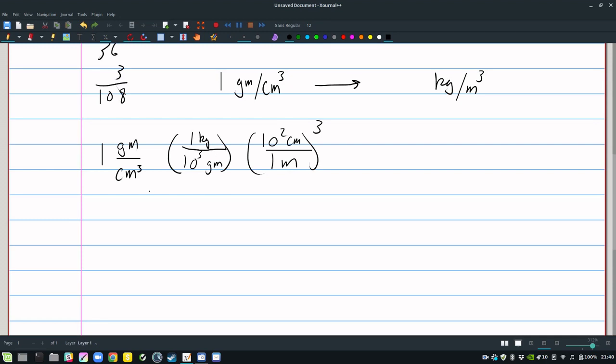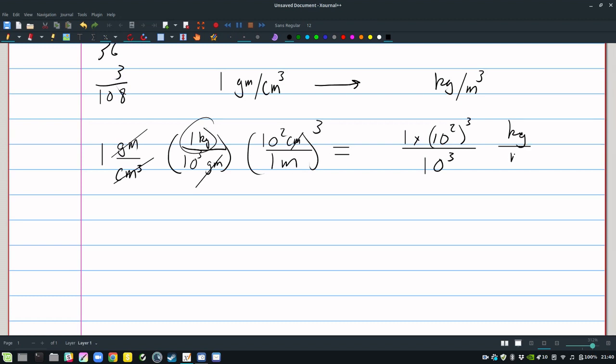But now notice that you have centimeters cubed in the bottom and centimeters cubed in the top, grams in the top, grams in the bottom. And so that's going to be equal to 1 times 10 squared cubed over 10 cubed, and then the units will be kilograms in the numerator per meter cubed.